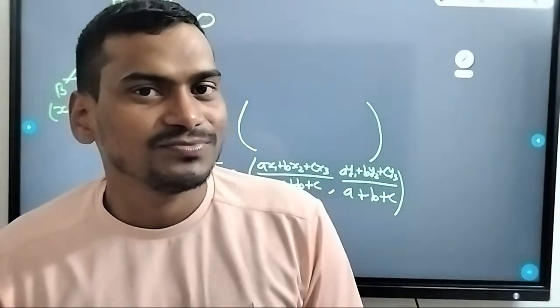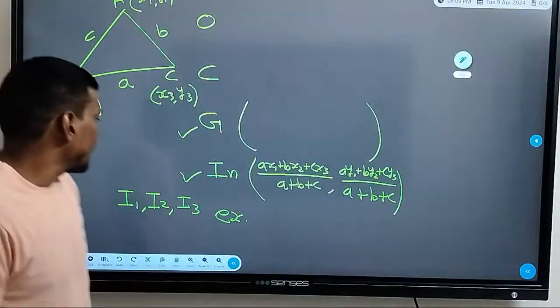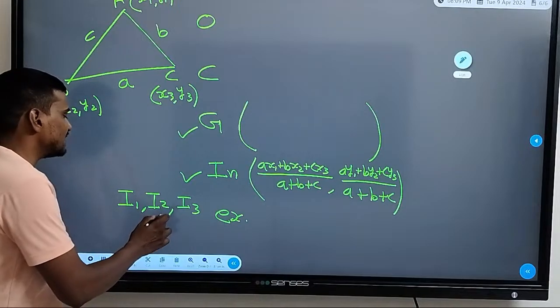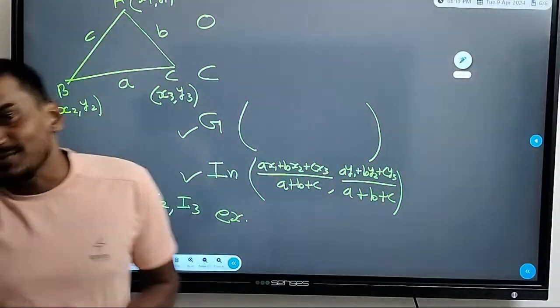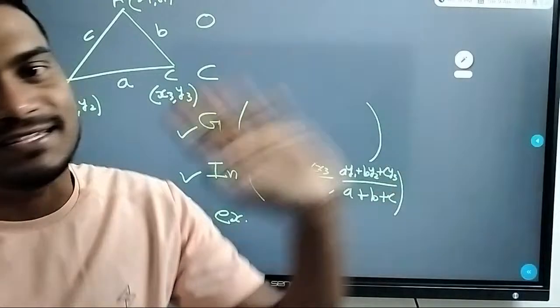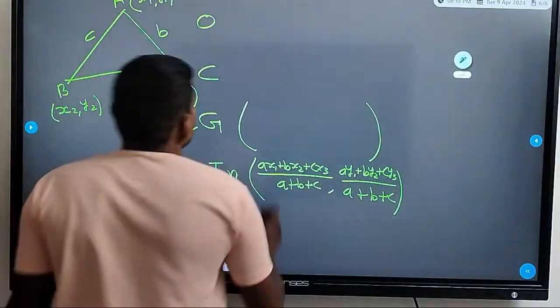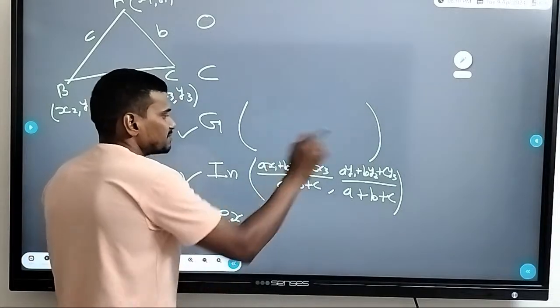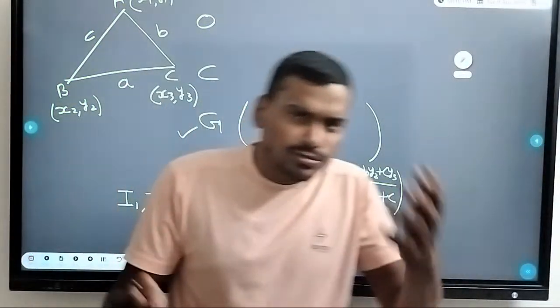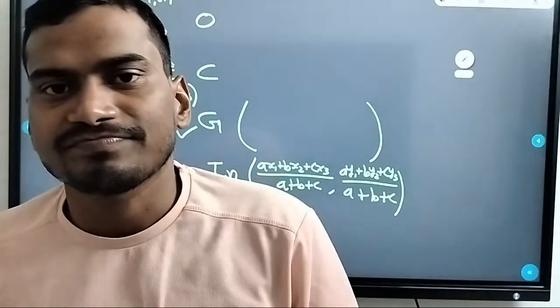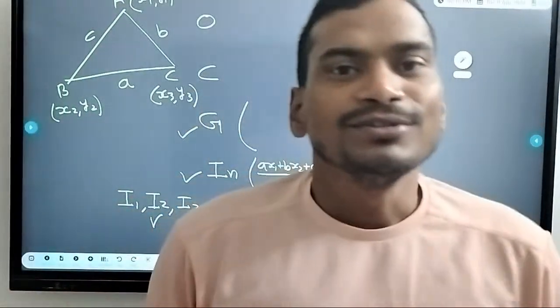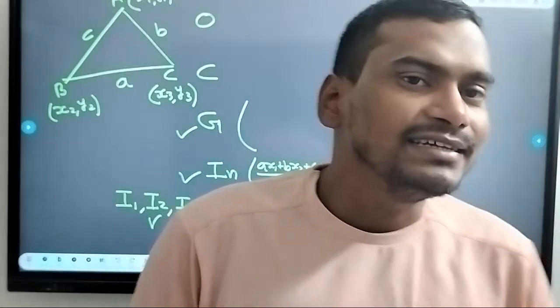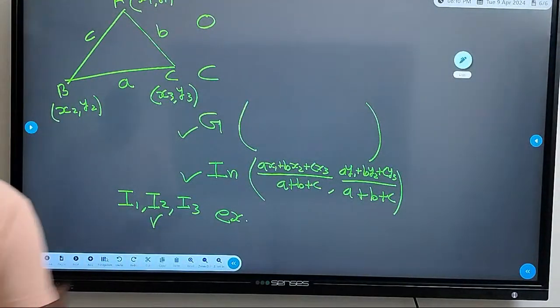Good. So similarly, I2. For I2 you just change B by minus B. So A x1 minus B x2 plus C x3 by A minus B plus C. And I3 you know, just change C by minus C. Okay.